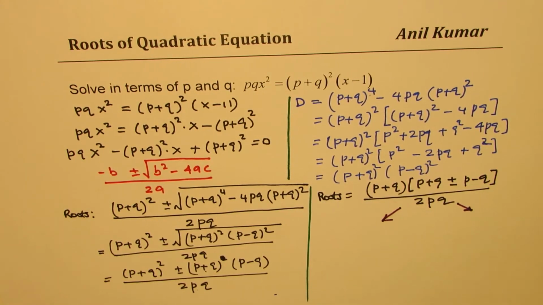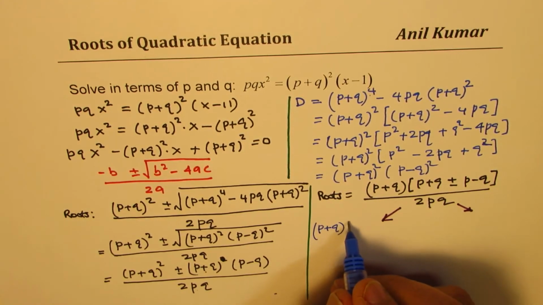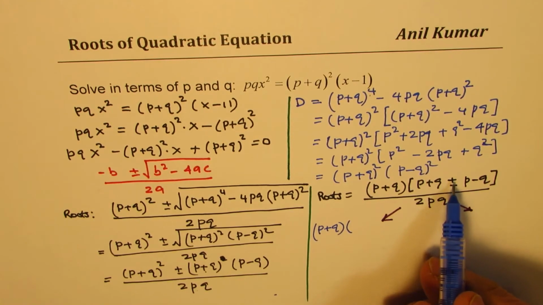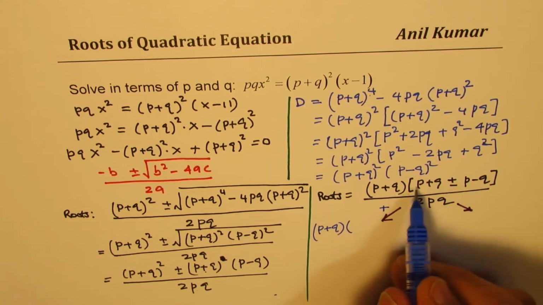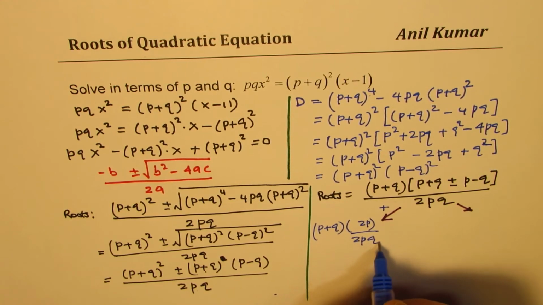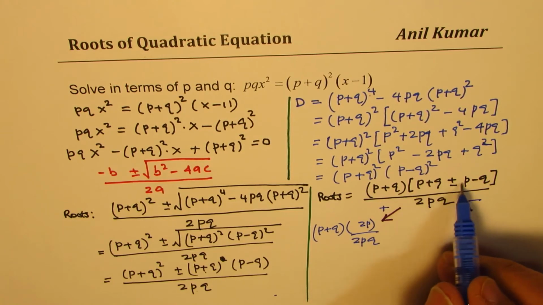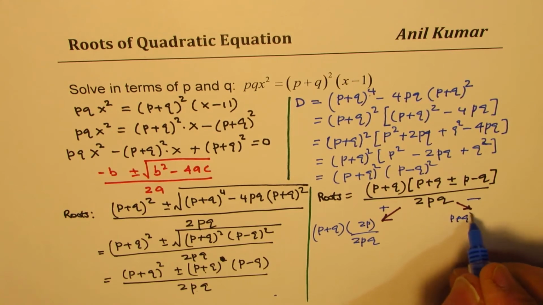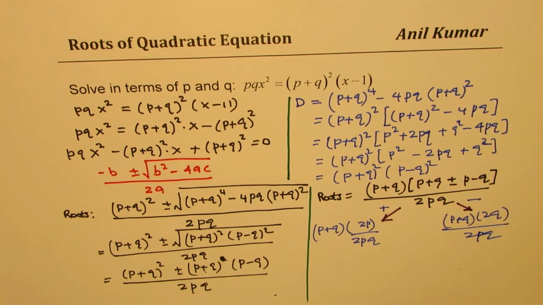So we could solve both the roots separately now. The two roots will be (P+Q) times, if I use positive, so I'm using positive on this side, we get 2P over 2PQ. And if I use negative, the lower portion, in that case minus P cancels and that becomes 2Q. So we get (P+Q) times 2Q over 2PQ. Now you can cancel.